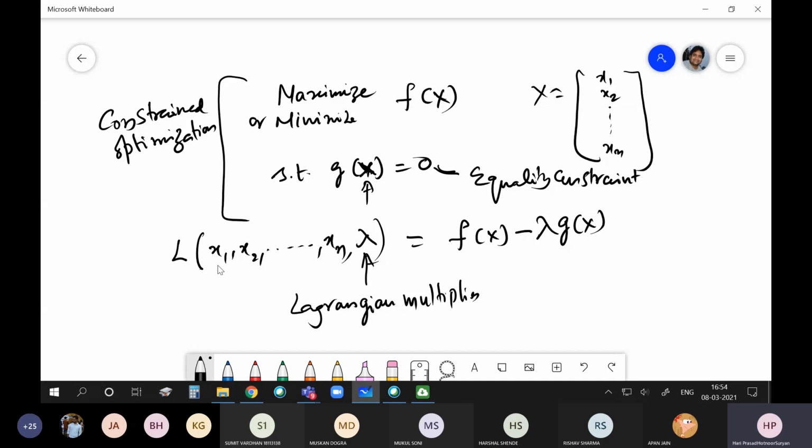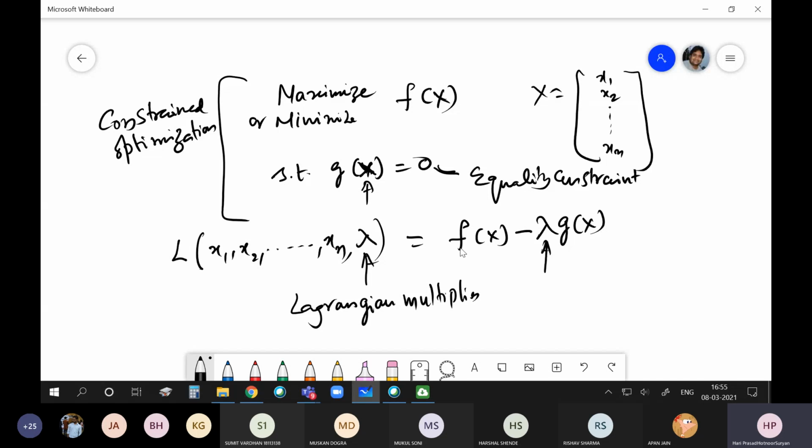What are those variables? x1, x2, x3, xn, they are n, and lambda. So you have to come up with this lambda such that g of x becomes 0. What lambda will give me g of x equal to 0?